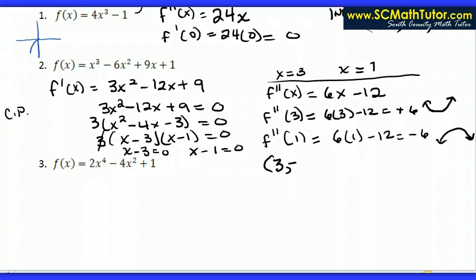So this is the actual point on the graph. This point is concave up, and that means it is a minimum point. If that confuses you, just remember concave up, draw it, and you see that concave up will give you a minimum point.